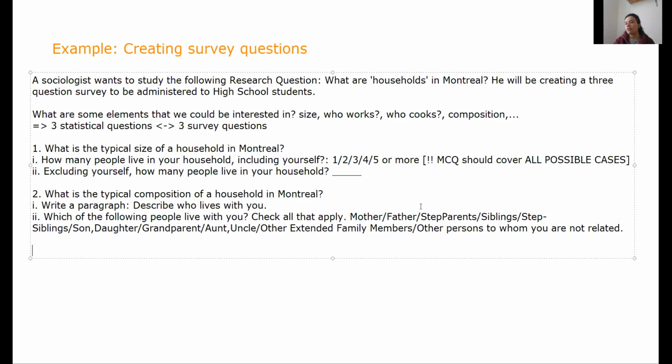In general, if we are going to do a study using statistical analysis, closed-ended questions, for the most part, not always, are going to be a little bit easier to deal with, because they allow me a little bit more control over the answers that people can give. And then the third question that I can ask here, just as an example, would be, are single parent families common in Montreal?